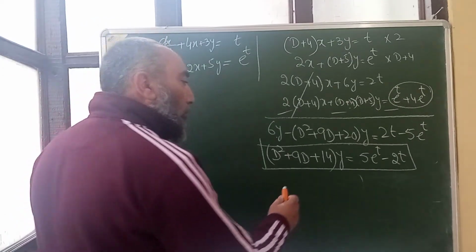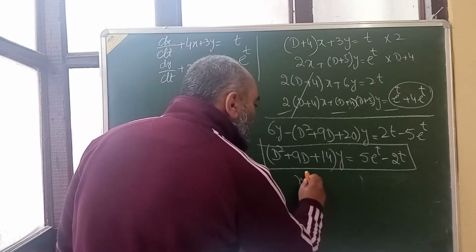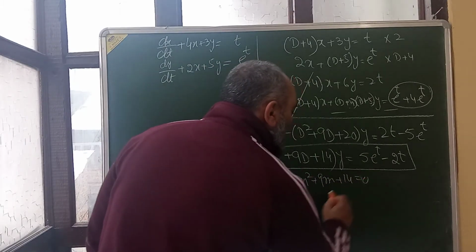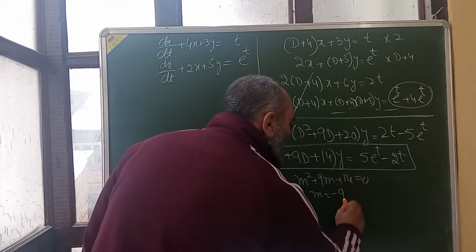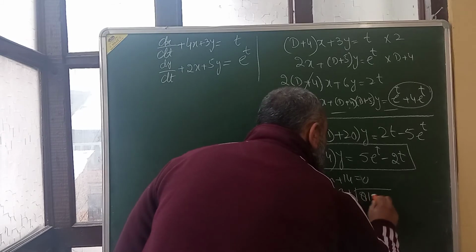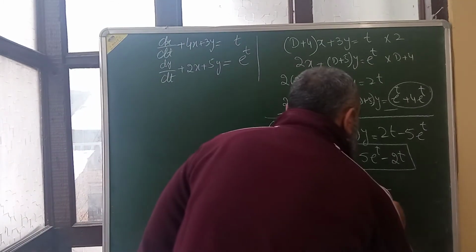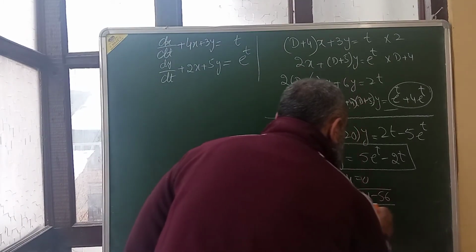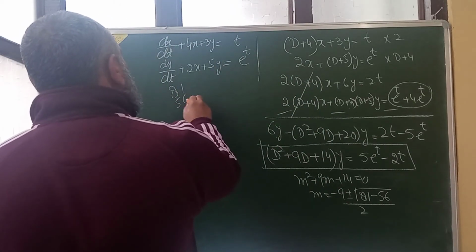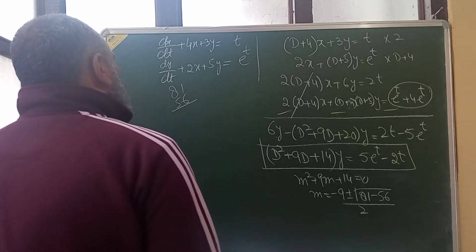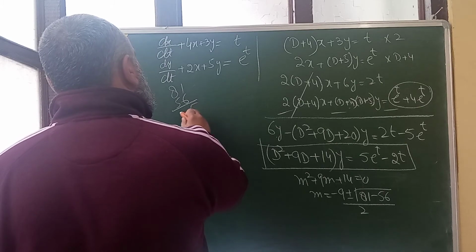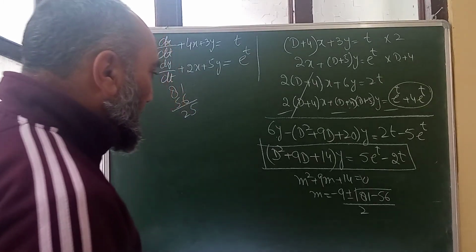Now let me find the complementary function. Auxiliary equation is m square plus 9m plus 14 equal to 0, which gives us m equal to minus b plus minus under root of b square minus 4ac by 2a. What is that? 81 minus 56, 25. Okay.